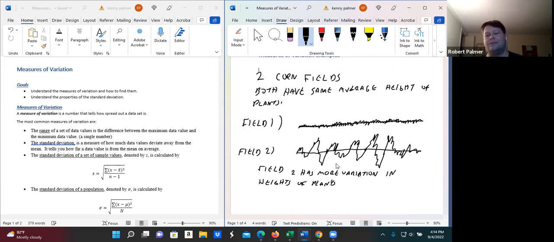So that's the idea of variation. Once again, they have the same average, but here the plants are really close to the average, and here they're a lot more spread out.